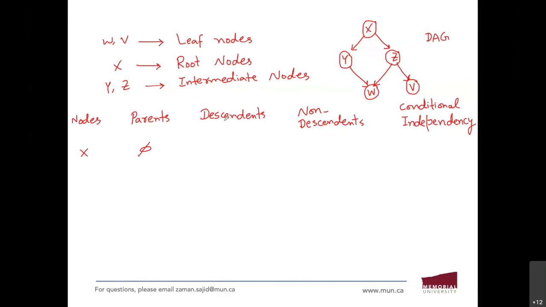However, in terms of descendants, X has descendants Y. It also has Z, W, and V. So my descendants of X will be Y, Z, W, and V. Because X is a root node, I don't have any non-descendant for this.